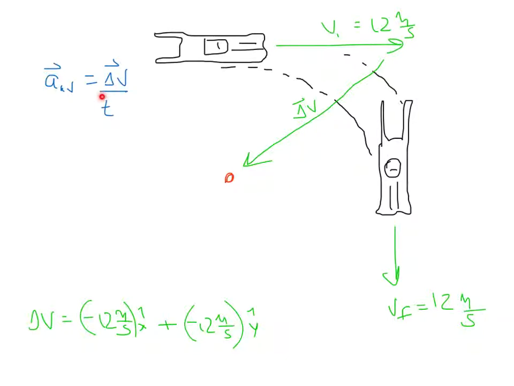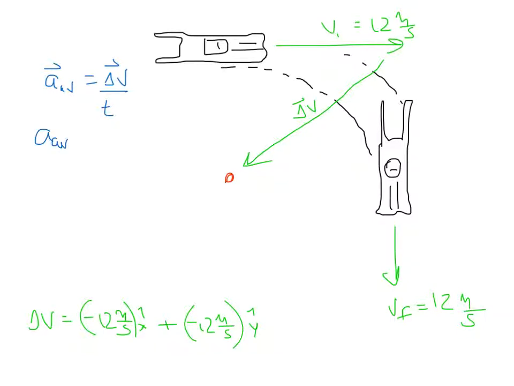Time is just a scalar, so time has no direction. So what this means is whatever the direction the change in velocity is in, the acceleration is going to be in that exact same direction. Not the initial velocity, not the final velocity, but the change in velocity. So this change in velocity right here is going to be along the exact same line that the acceleration is going to be directed. Okay, so let's just find out what that is.